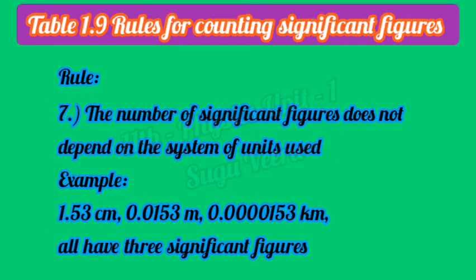And the last rule, seventh one: the number of significant figures does not depend on the system of units used. For example, 1.53 centimeter, 0.0153 meter, 0.0000153 kilometer all have 3 significant figures.